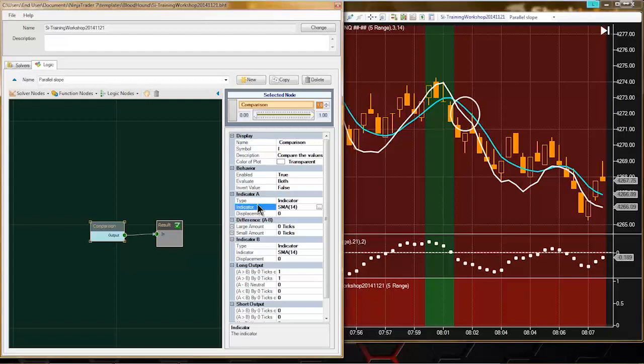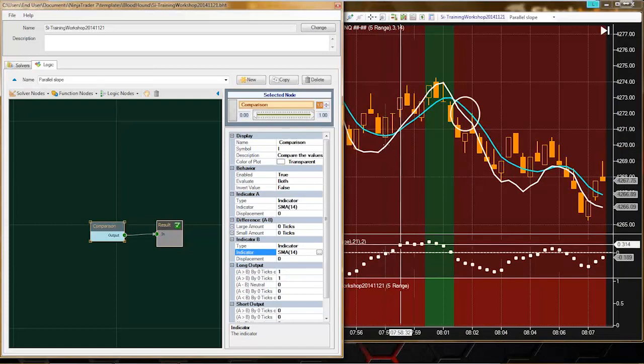As we commonly do, when we're setting up the comparison solver, we want the faster moving plot line in the indicator A section, and typically we'll put the slower indicator in indicator B. But in this case, we're trying to figure out if two plot values are the same, so it really doesn't matter.